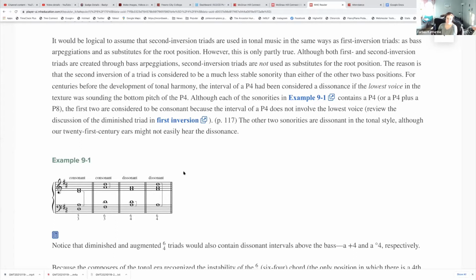Number two is also considered consonant. We have a sixth in the bottom, our fourth's on the top, and that's considered consonant. Number three is considered dissonant.